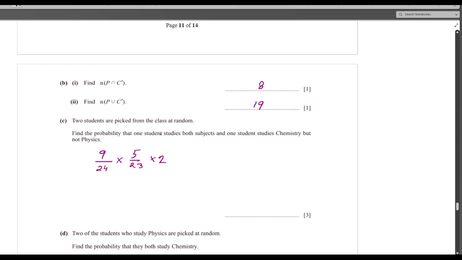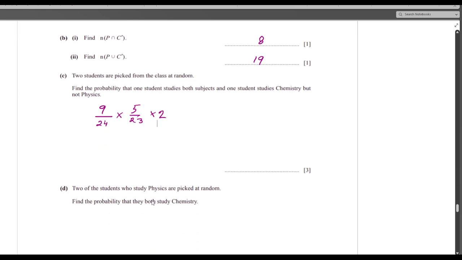Okay, because this gives you the first student I selected studied both the subject. Okay, and second student is studying only chemistry. The other case will be first student is studying chemistry and the second student is studying both the subject.